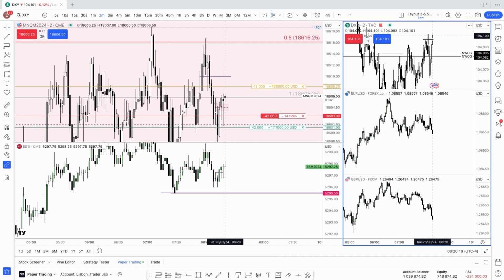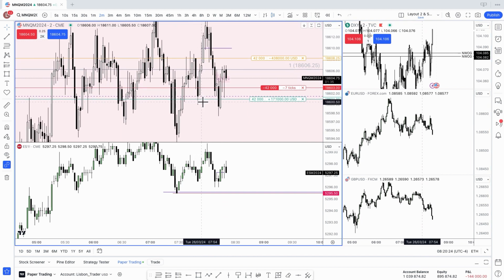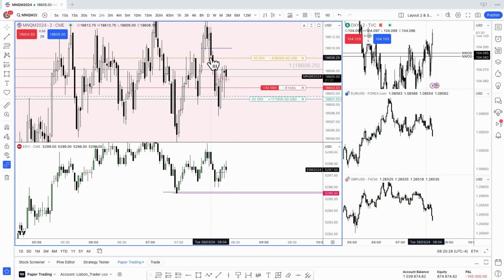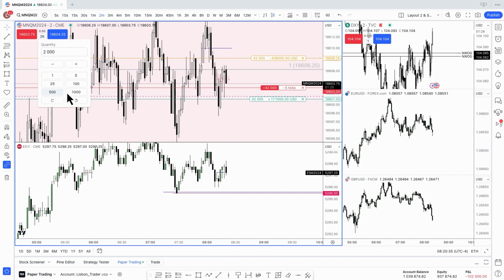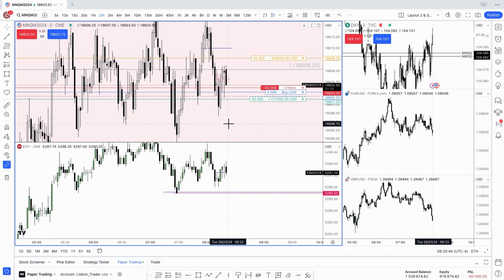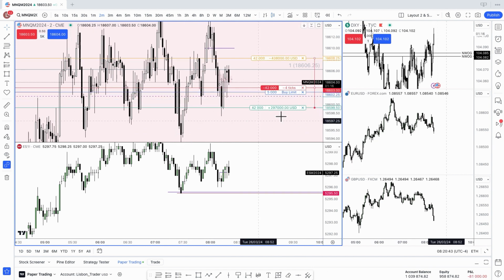So the DXY is pushing higher. We have a Judas swing. Stop is above this fair value gap. Let's take something off here. The rest.